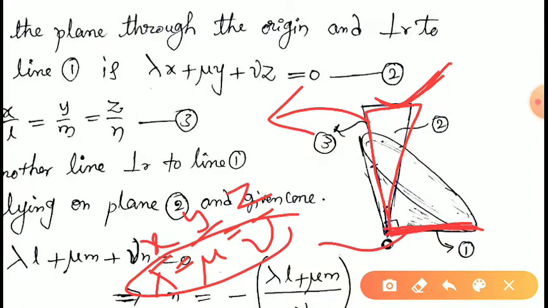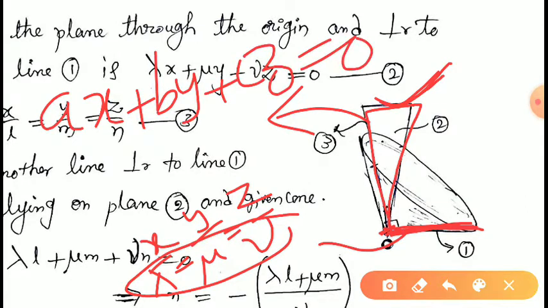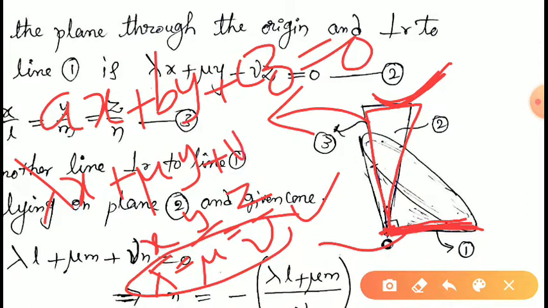And also, this plane passes through the origin, so we can write the equation of the plane in general as ax plus by plus cz is equal to 0, because it is passing through the origin. Since lambda, mu, nu are direction ratios of the normal line to this plane, we can write the equation of this plane as lambda x plus mu y plus nu z is equal to 0.